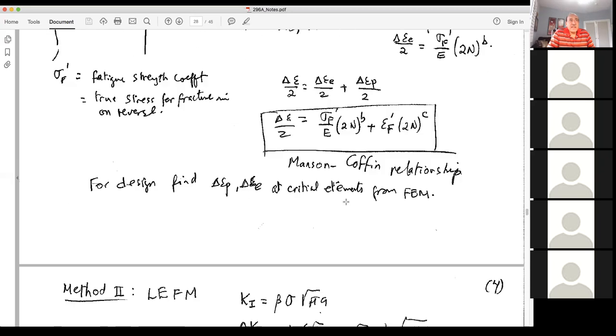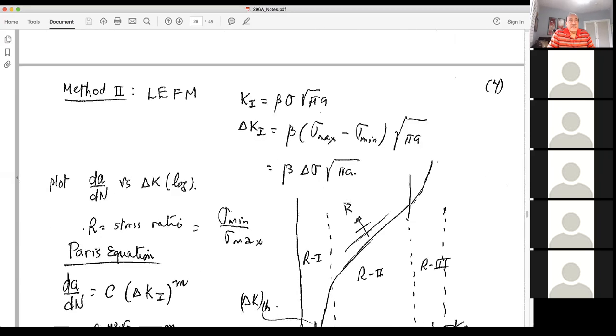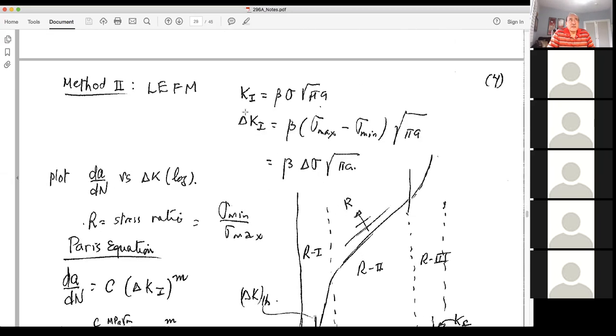For fracture mechanics, the idea is to find the stress intensity factor around that crack. And the crack size is 2a. So the stress intensity factor has a shape factor beta, which depends on the crack dimensions in relationship to the sample dimensions, and we have tables and charts for that.